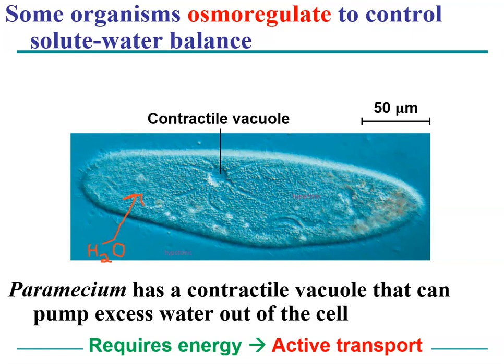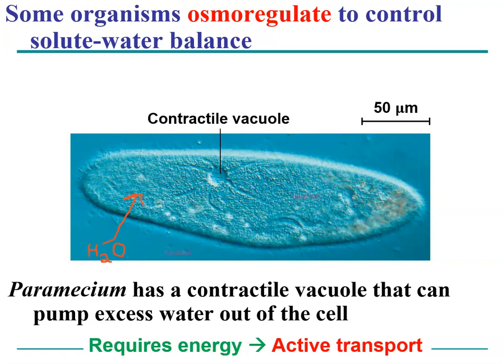Now you might recall from the previous lesson where we talked about mechanisms of passive transport for a cell, when an animal cell or a plant cell are placed in a hypotonic solution, the water is going to go into that cell, and ultimately the cell could take on so much water that it bursts. And paramecium is more like an animal cell in that it only has a plasma membrane surrounding its body.